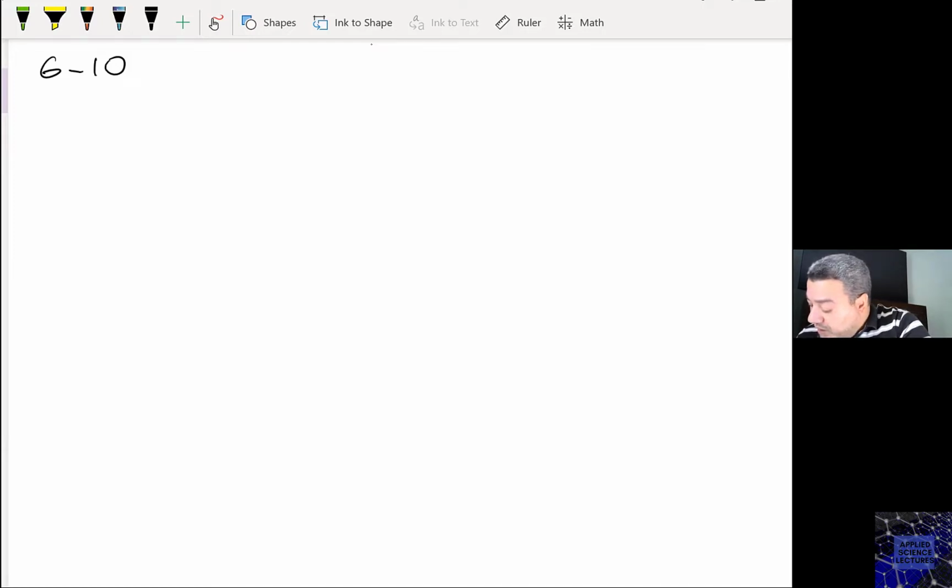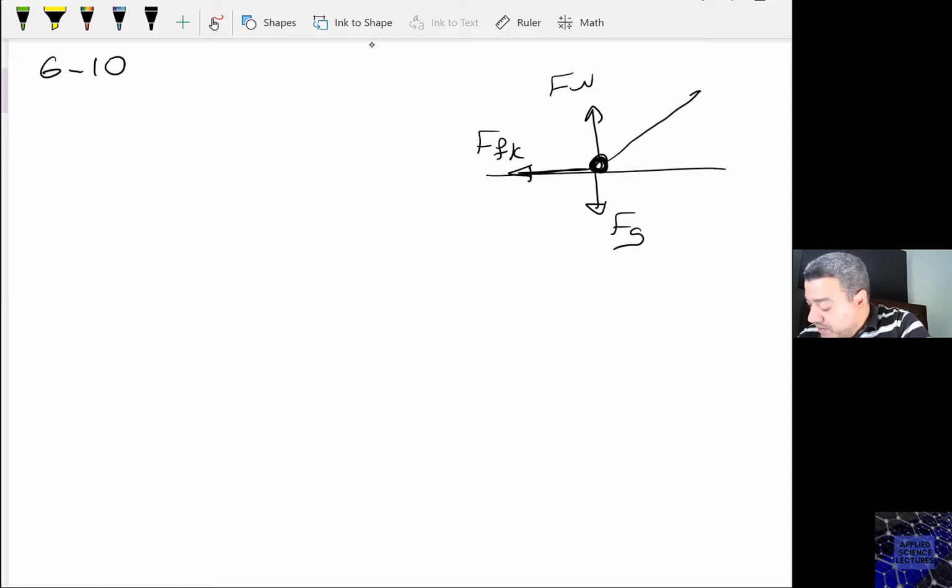So, what I have here is the following. This is Fg, this is Fn, this is the friction, Ffk, and this is the force F that is making a 35 degrees angle with the horizontal.